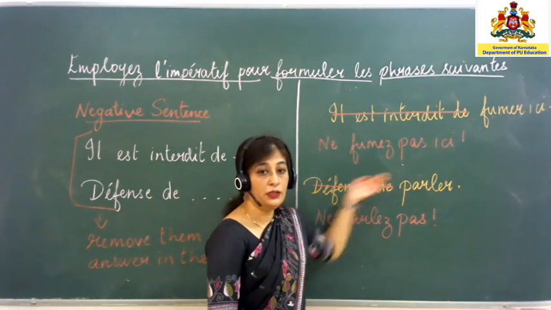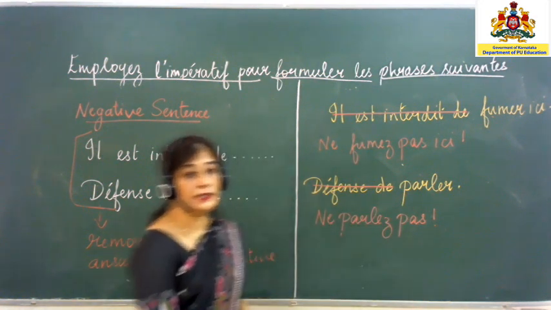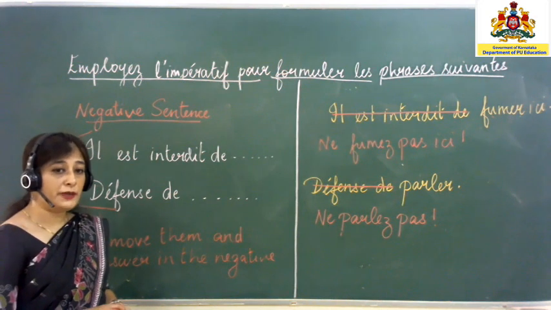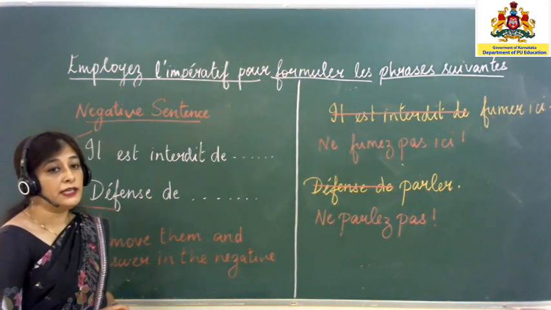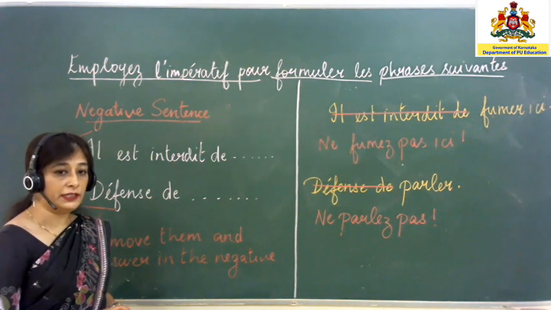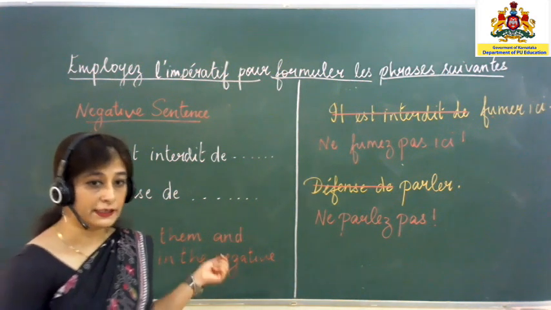Do not smoke here. Défense de parler becomes ne parlez pas. I hope that is understood. So with this, we finish imperative of ordinary verbs in the positive and in the negative form. Next we will be seeing imperative of reflexive verbs. Is that clear?